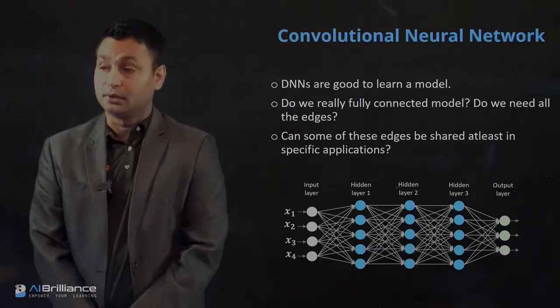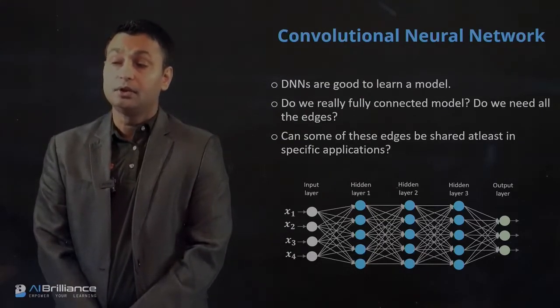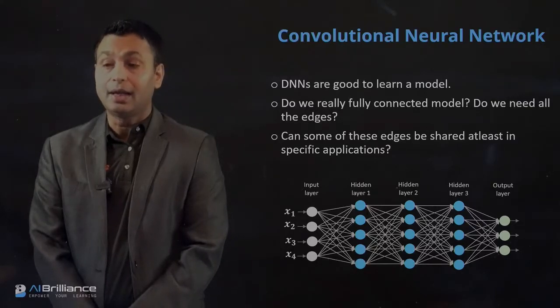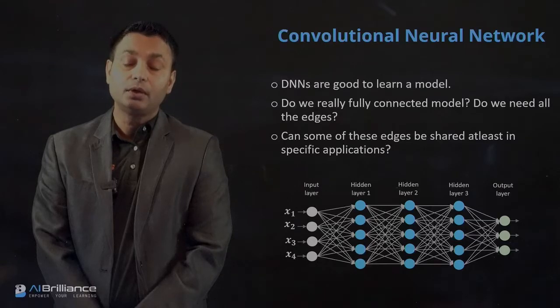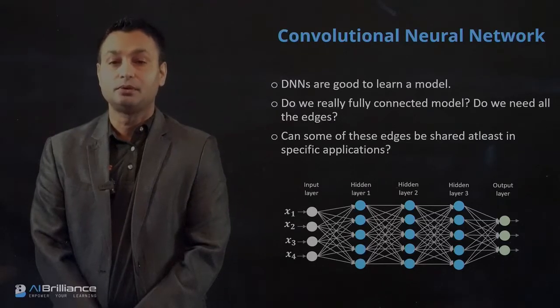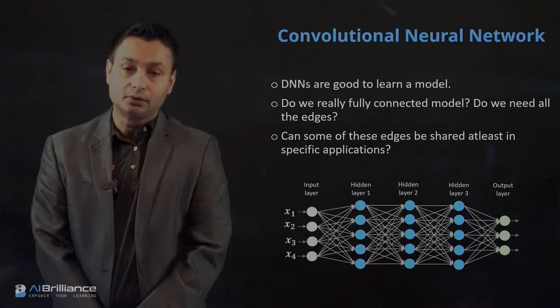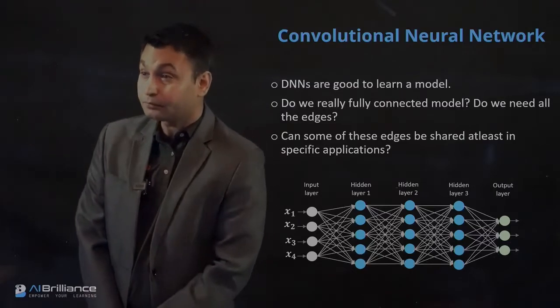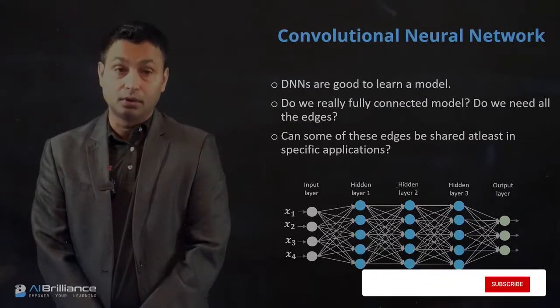Essentially, deep neural networks have multiple hidden layers between the input and output layer, and that gives us the ability to learn a very complex model which can do phenomenally well at input and output mapping. So deep neural networks, or DNNs, are good at learning a model.